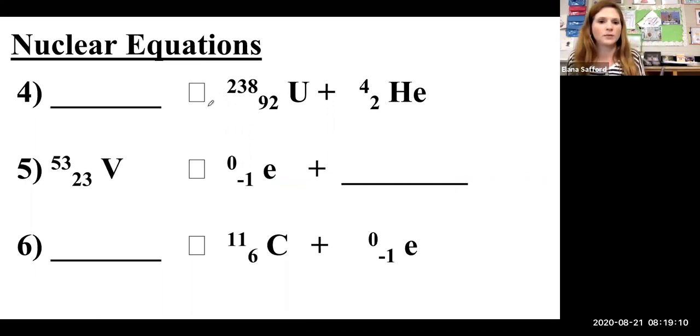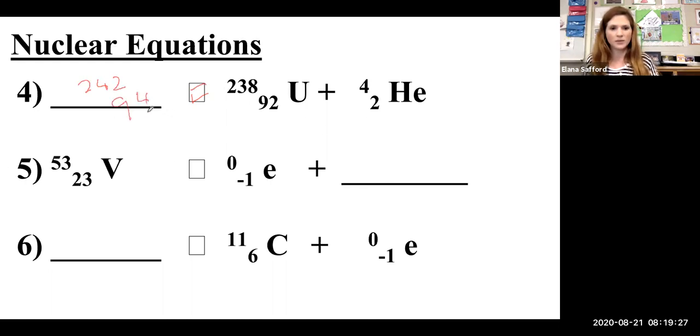Okay, so equals, think about your equal sign, 238 plus 4. What is 238 plus 4? Well, that is 242. What is 92 plus 2? That is 94. And again, we need to change over because 94 protons is not the same as 92.